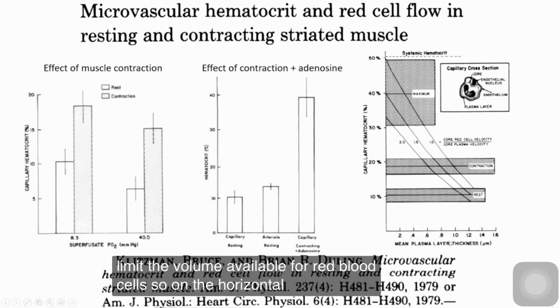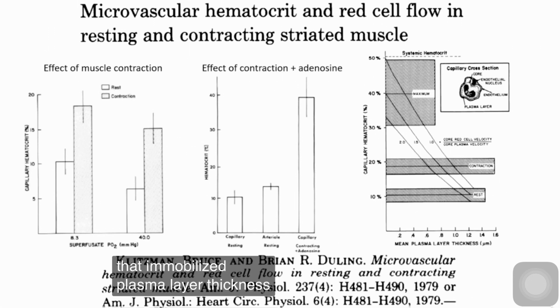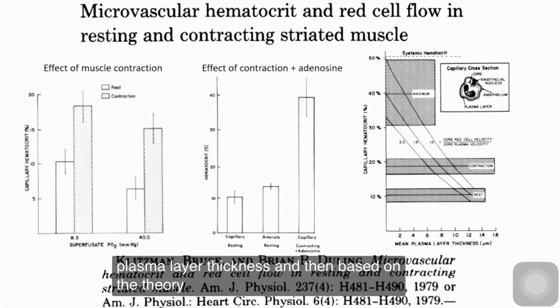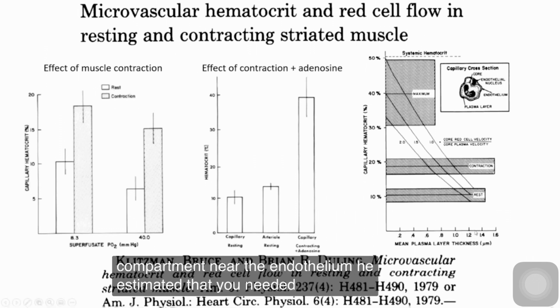So on the horizontal axis, it shows theoretical dimensions in microns of that immobilized plasma layer thickness. And then based on this theory that some of the volume would be occupied by an immobilized fluid compartment near the endothelium, he estimated that you needed a dimension of this immobilized plasma layer of about 1.2, 1.4 microns to explain the low red cell contents for the different ranges of red cell over plasma velocity.